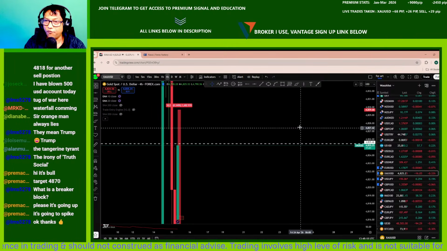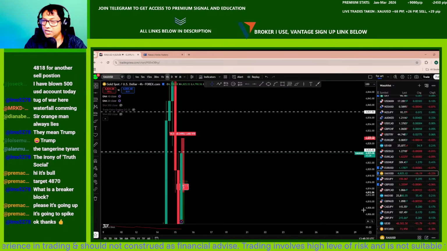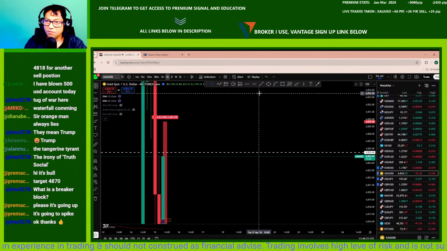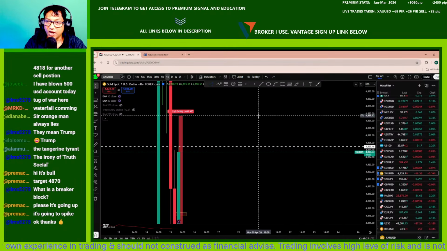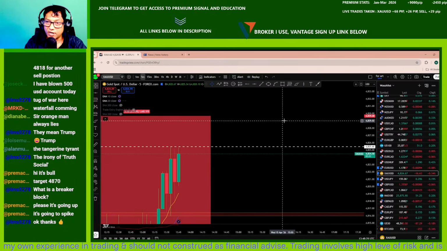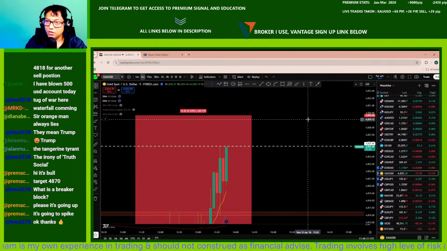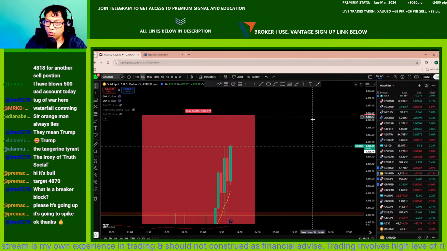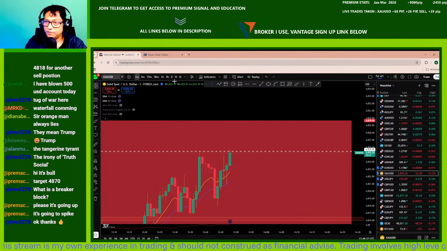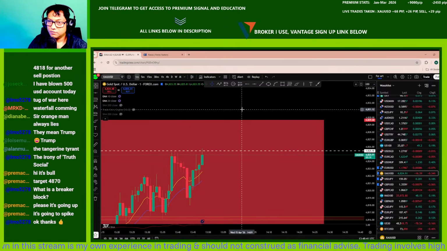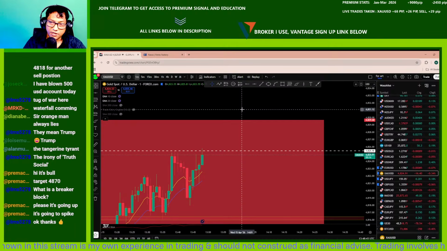All right, so from the 4 hour, we can see a push to this resistance line, but there is a very high chance for this market, with the 4 hour candle close before that, to push back down further. There's a double top here in that area.